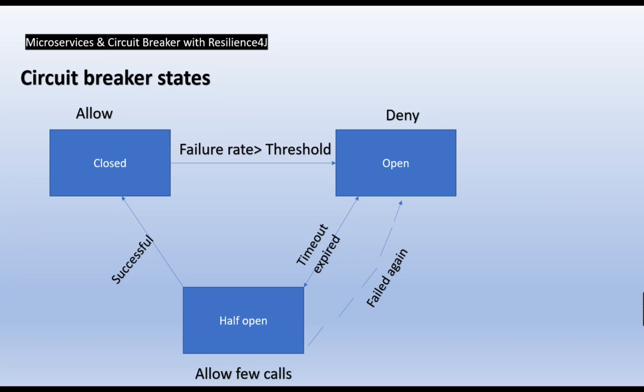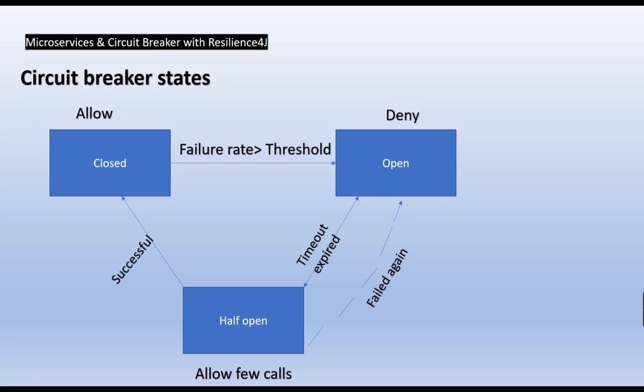So the best practice is, if 70% of the calls are successful and 30% are failing, then it will become open status. Then the technical team needs to look into that issue and resolve it. Once ready, they will put it as half open. Then half open also will be in a position to become closed. That means if few calls are successful, then other calls also would be allowed, and the status automatically changes to closed.